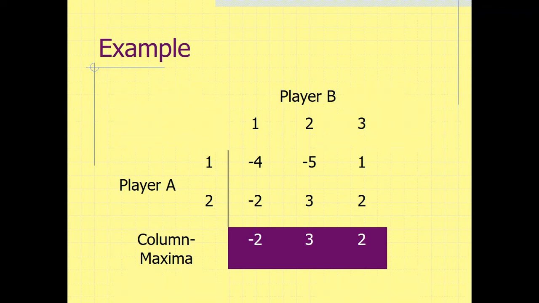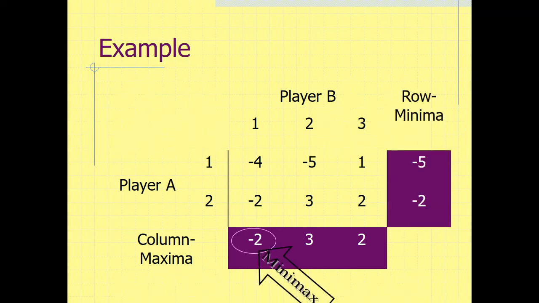Now, out of these maximum losses -2, 3, 2, he would like to play safe and accordingly would select that strategy which corresponds to the minimum of the maximum losses, that is -2, which corresponds to his first strategy, and he would therefore decide to play the first strategy throughout the game. Thus, he follows the minimax principle and chooses the strategy 1.